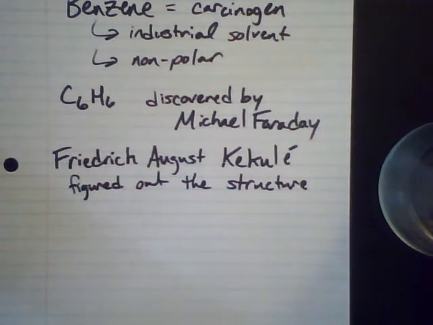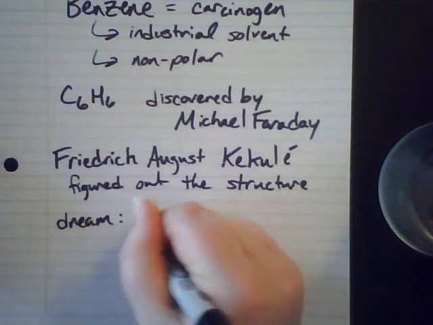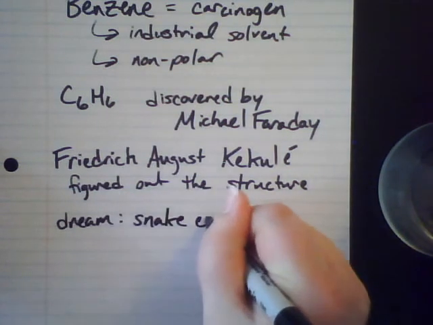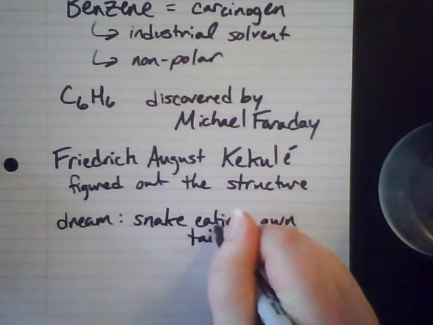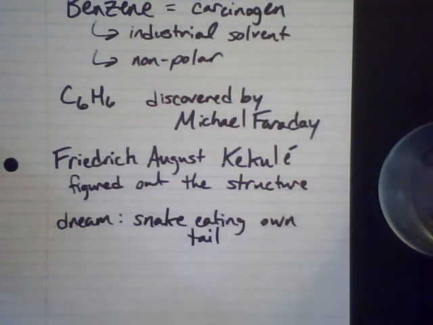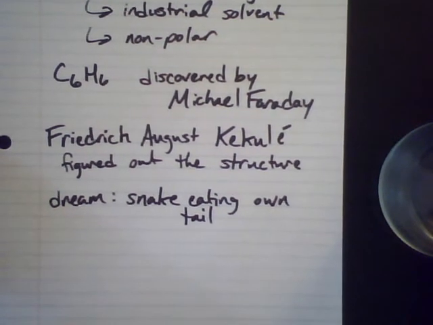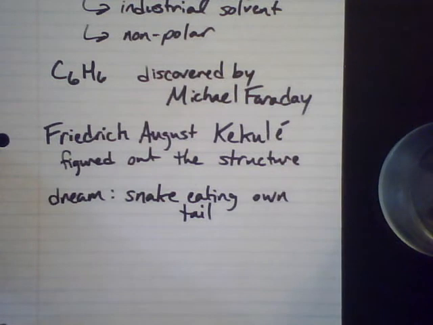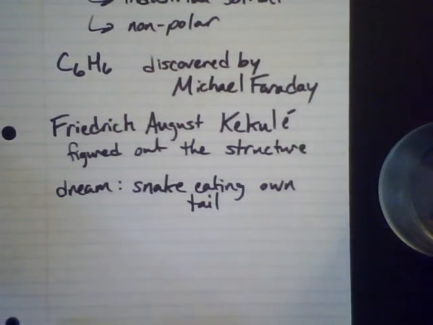But he said that he had a dream about a snake eating its own tail. And he said, well, aha, the structure of benzene must be a ring, which I think, going from a snake eating its own tail to a ring structure for benzene, is a little bit of a stretch, but there you go.